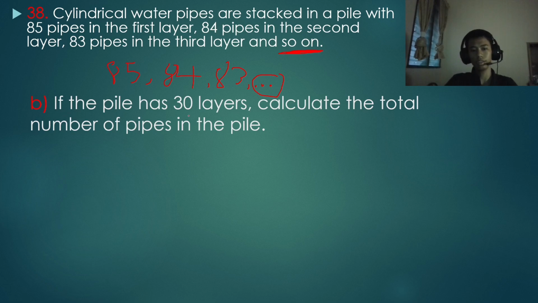If the pile has 30 layers, calculate the total number of pipes in the pile. That means they want the total pipes in 30 layers.